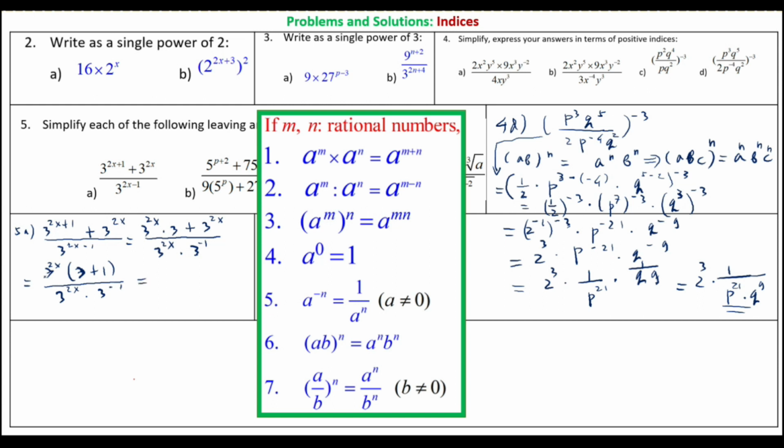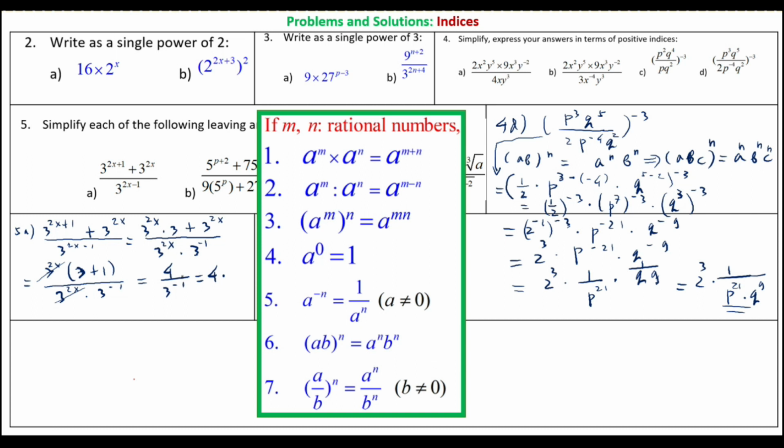So we can cross this factor out, 3 to the power of 2x over 3 to the power of 2x, giving 1, and so we are left with 3 plus 1, which is 4, divided by 3 to the power of minus 1, and that equals 4 times 3 to the power of minus 1 is 1 over 3. 3 to the power of minus 1 equals 1 over 3 to the power of 1.